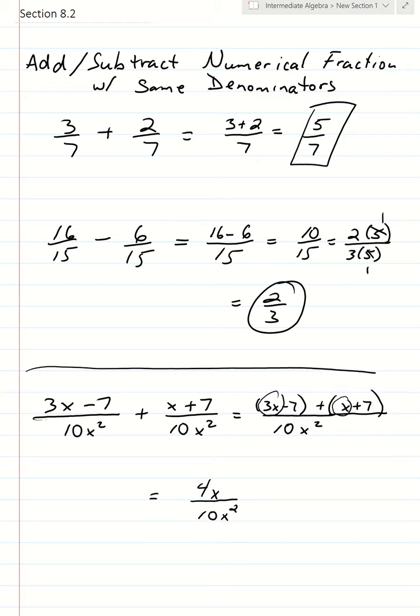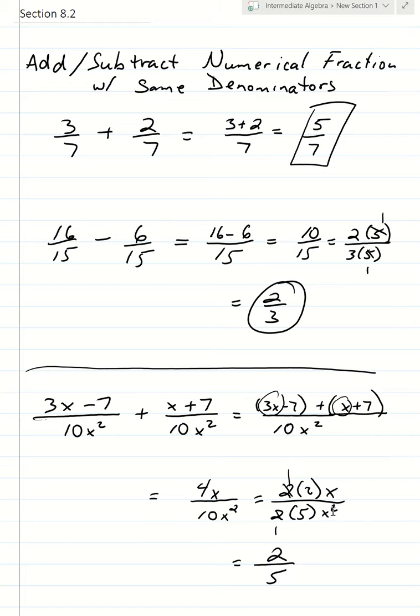And that could be simplified, because the factors of 4 I could write as 2 times the x. The 10x squared I could think of as 2 times 5 times the x squared. And since we have a 2 on top and 2 on the bottom, they simplify. So we're going to have the numerical part of the fraction of 2/5.